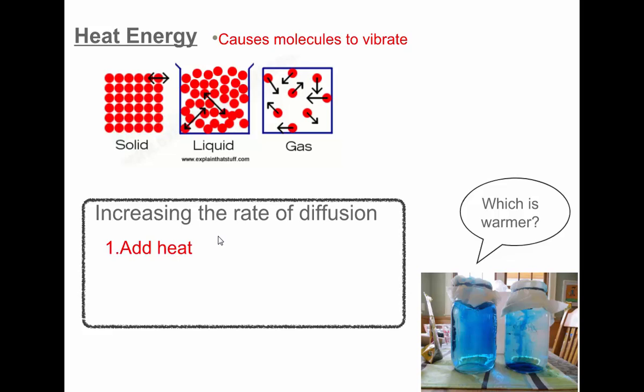So we can increase the rate of diffusion by adding heat to a substance. There's also another factor that influences the rate of diffusion, how quickly molecules move, and that is the surface area that the molecules can pass through. The greater the surface area, the faster diffusion will take place.